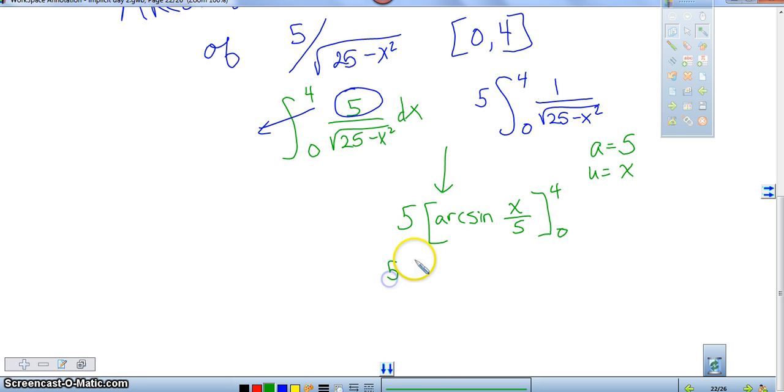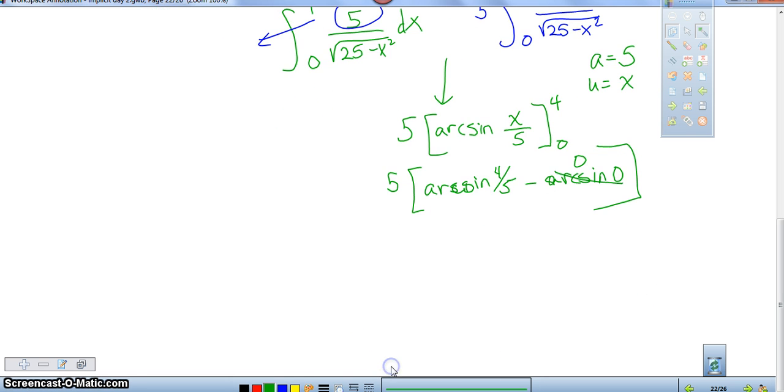So I get 5 times the arc sine of 4/5 minus the arc sine of 0. The arc sine of 0 is 0 because the sine of 0 equals 0. The arc sine of 4/5, what would that be?